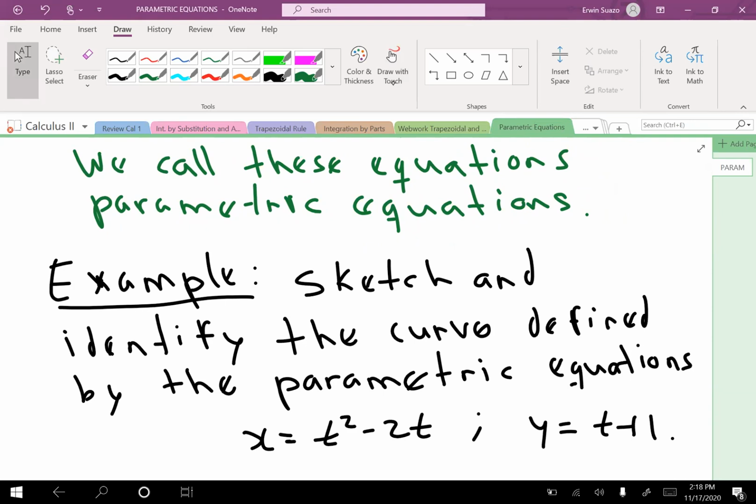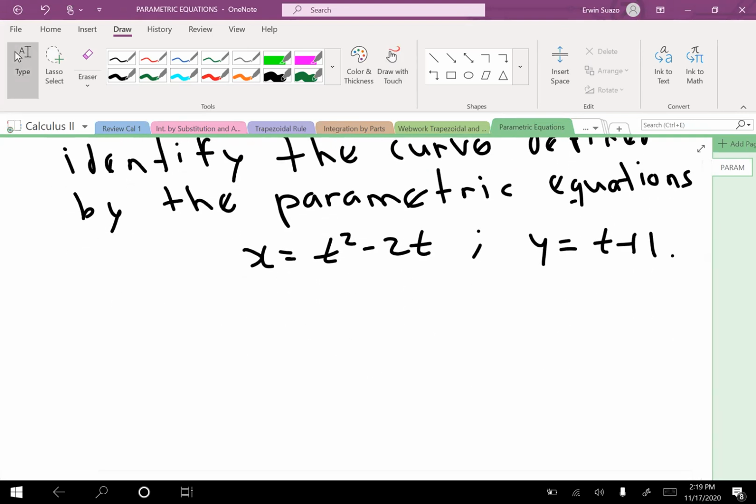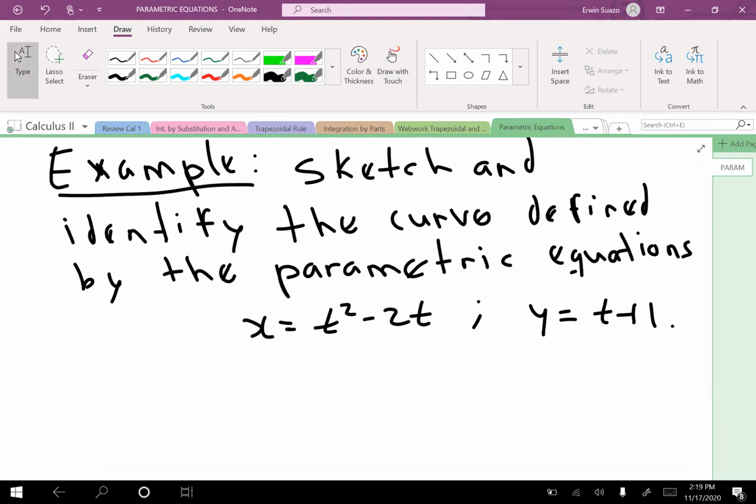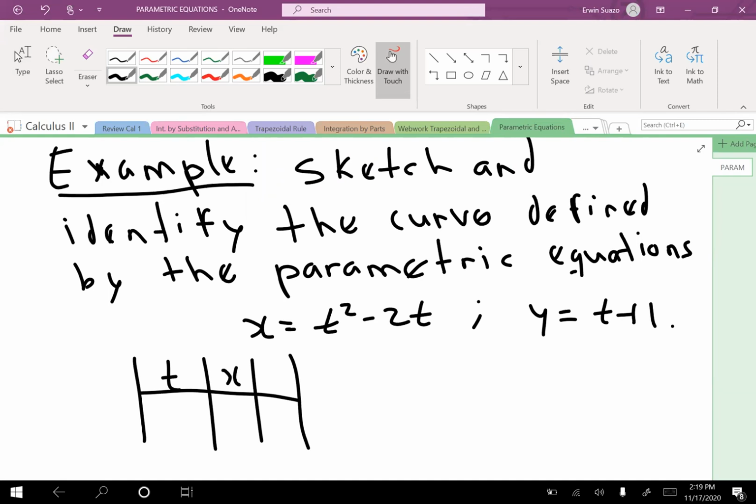Okay, so what do you have to do? You have to do like what you were doing in college algebra. You have to make a table. This is t, this is x, this is y. So you choose some values.